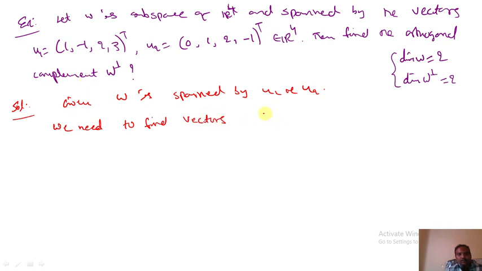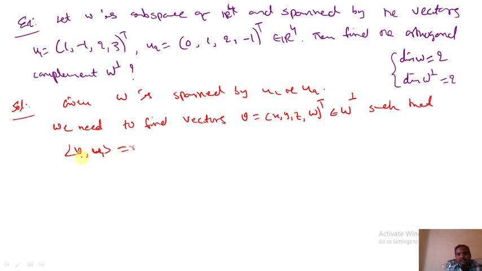Suppose we take a common variable, v equal to x, y, z, w transpose, belonging to W perp. That means v is in W perp, so the inner product of v with u1 is 0.